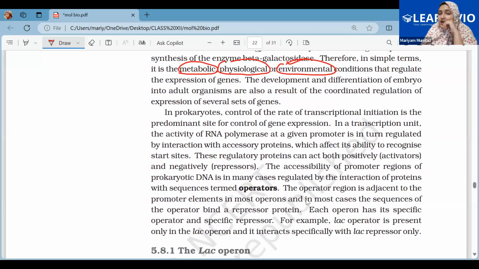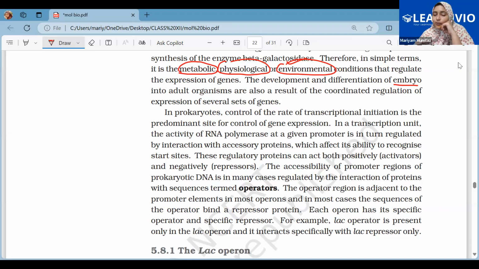Now the development and differentiation of embryo into adult organism are also a result of coordinated regulation of expression of several sets of genes. We know that once fertilization has been completed, the zygote has been formed. That zygote slowly starts developing into an embryo, then that embryo develops into a fetus, and later on, all of these stages of life take place.